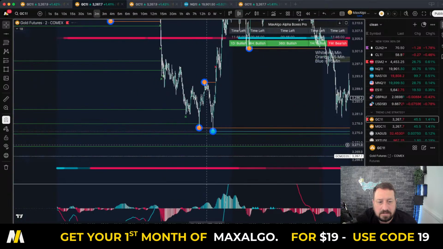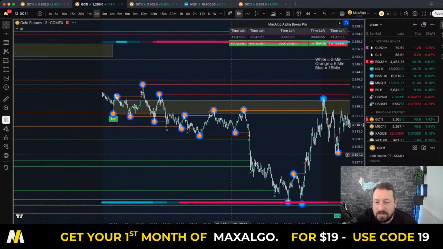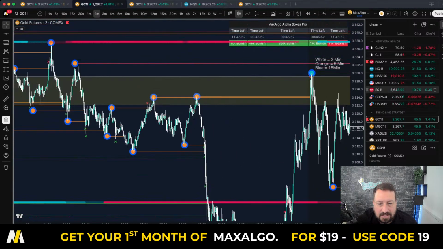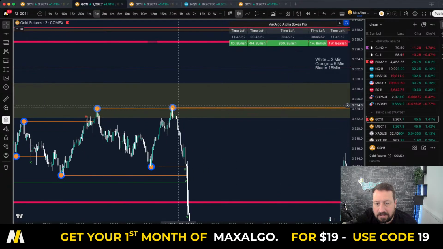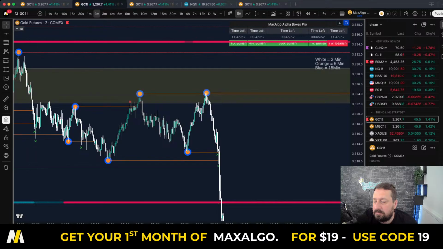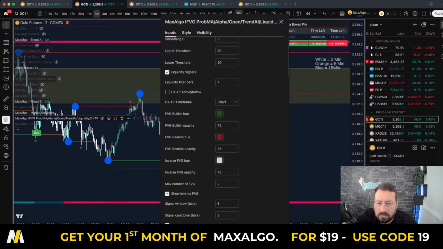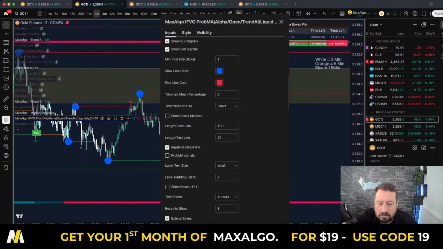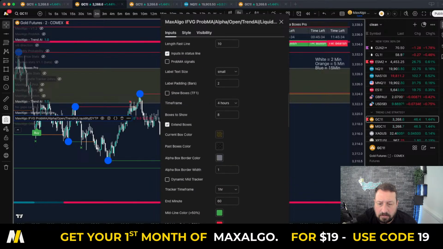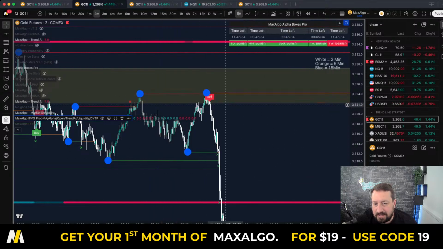Never looked at these settings. It's using the 4 hour. So if you're using the daily as a level, they can be great on the daily, like these sweeps, reversals. If I just do liquidity sweeps, you can see the daily level there, right?